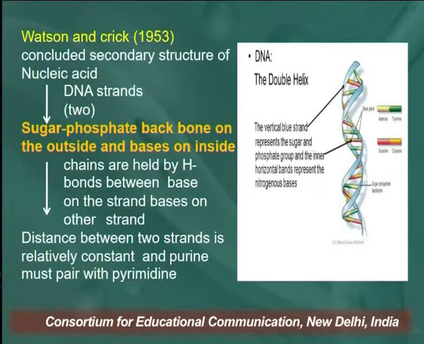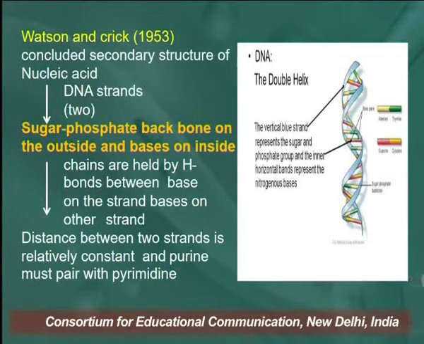Both chains of nucleotides are held by hydrogen bonding between the bases on one strand and the bases on the other side. So one base of one strand is hydrogen bonded to a base of the other strand, and the distance between the two strands is relatively constant.